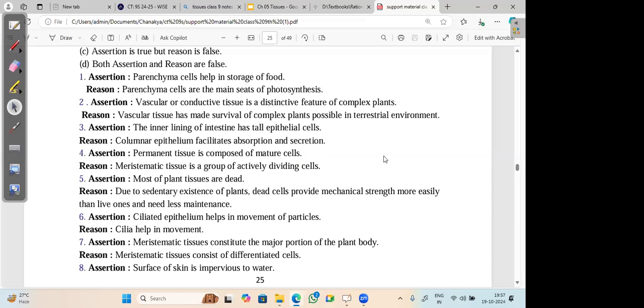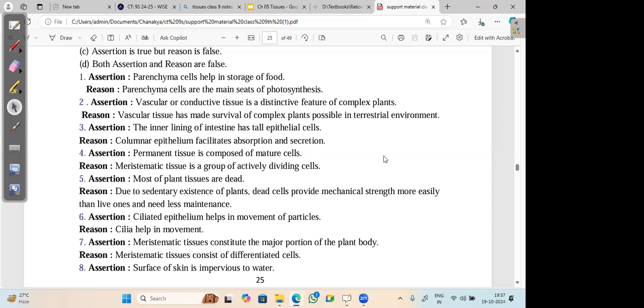So the reason is also correct, but it is not the correct explanation. Next, most plant tissues are dead. Is the assertion correct? Yes, sir. Due to the sedentary existence of plants, dead cells provide support. Okay, we'll see this further in our next class.